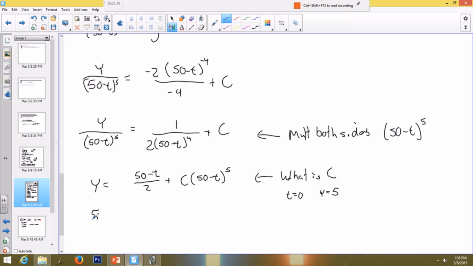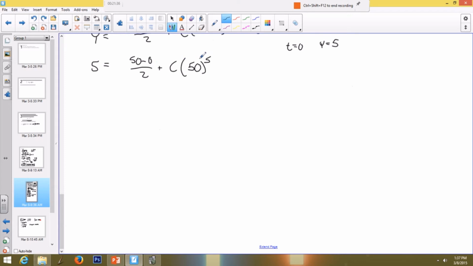So if I plug in 5 here, let's plug in 50 minus 0 over 2 plus some constant c times 50 to the fifth, and I solve this for c, I got 5, and then it's minus, 50 over 2 is 25 equals c times 50 to the fifth, and I'm not going to multiply that out.